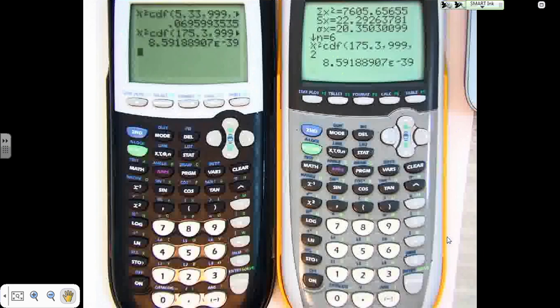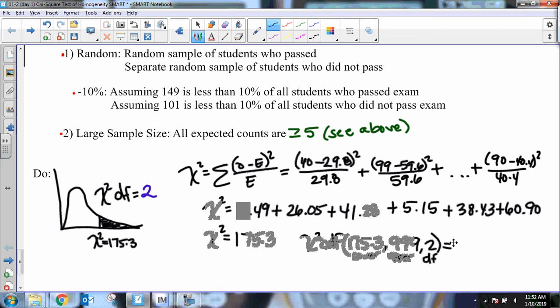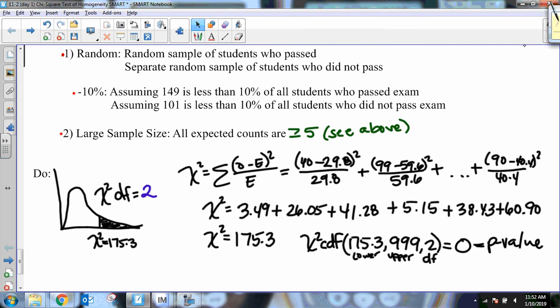What does that mean? 8.59, all those numbers, e to the negative 139. Well, the fact that it's e to the negative 139, that's pretty much 0.000000. There's 38 zeros before you get to the 8. So that's pretty much 0. Okay, so hopefully you guys could probably see that already. It's going to be about 0, which is our p-value. It's highly unlikely to get a chi-squared that large.